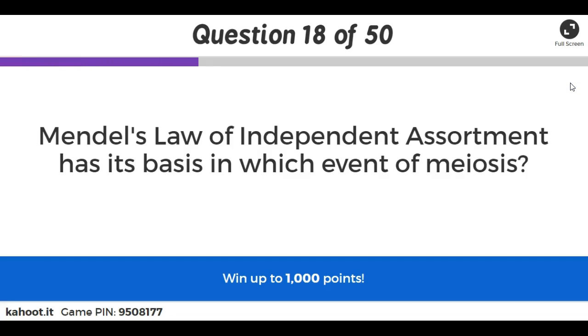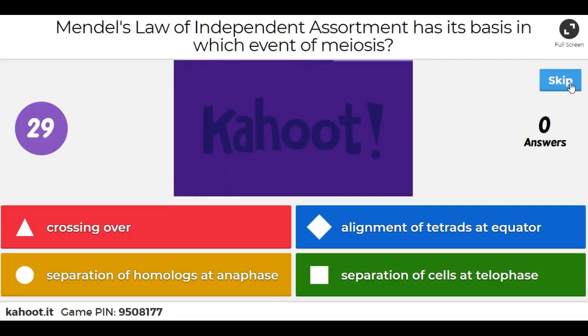Mendel's law of independent assortment has its basis in which of these events of meiosis?